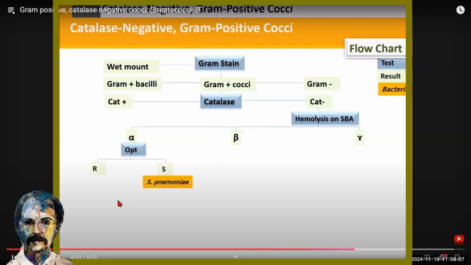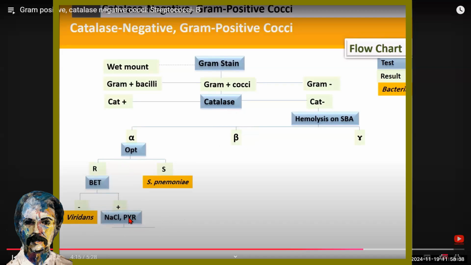If it's resistant, you have to do other tests, like the BE test. BE test means bile esculin test. We have a lab on this. If it's negative, then it's viridans Streptococci. If it's positive, then you have to do another 2 tests, NaCl tolerance and Pyr test.